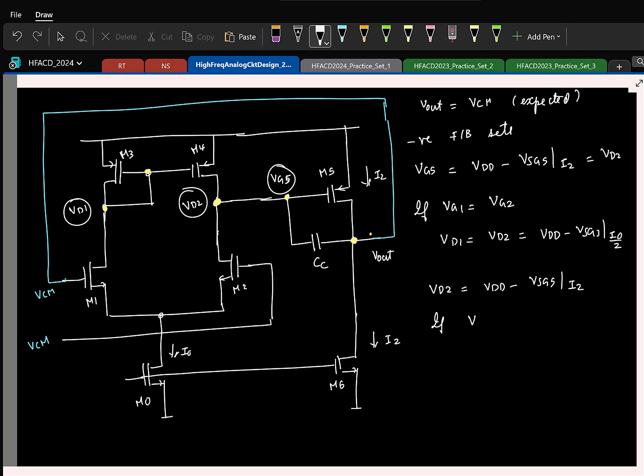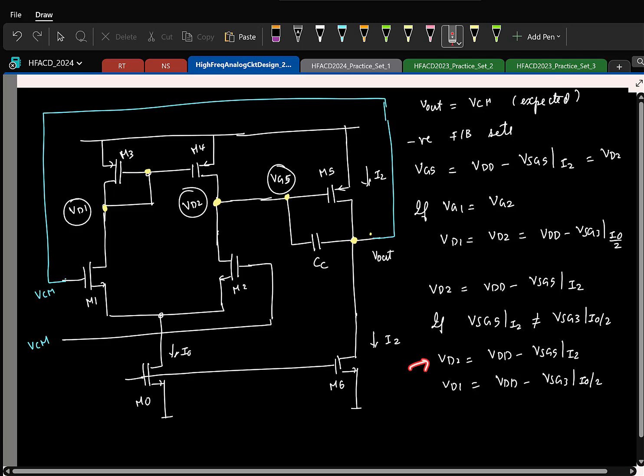So it means if the source to gate voltage of M5 at a current I2 is not equal to the source to gate of M3 at a current I0 by 2, my VD2 will be set to this, my VD1 will be set to this. Right? Is this clear?